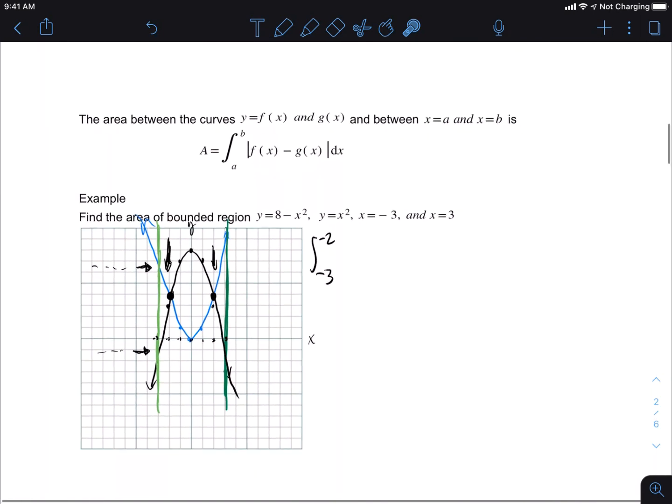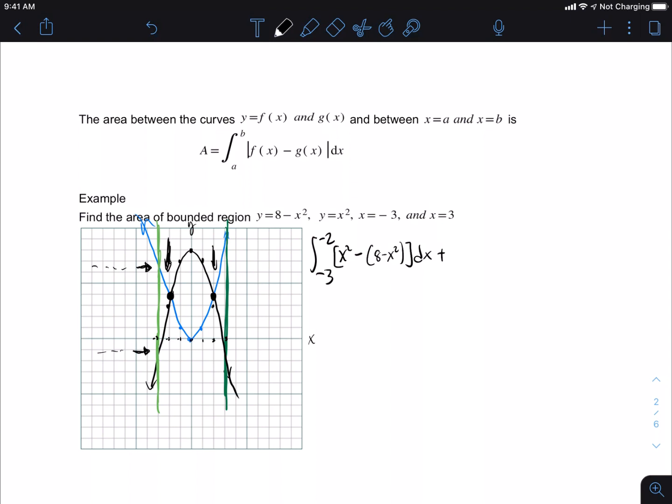So then that tells me when I go back to this integral, I'm going x squared minus, and let's be careful, 8 minus x squared, this whole thing dx. Plus, now we want to do that middle chunk area, right?